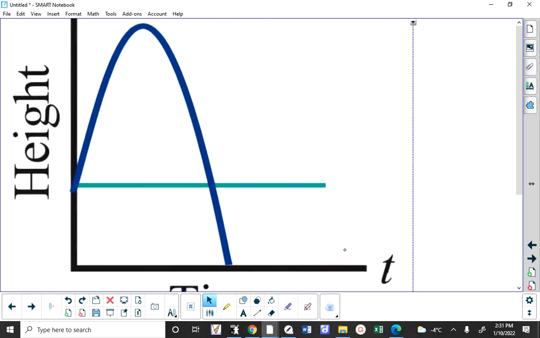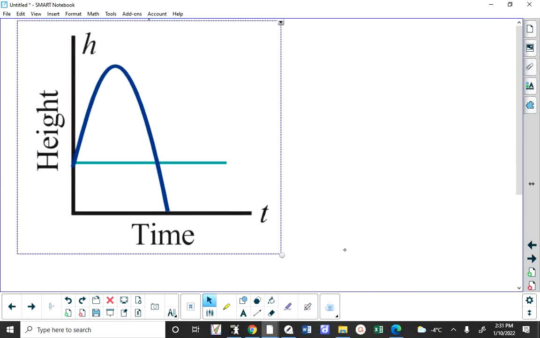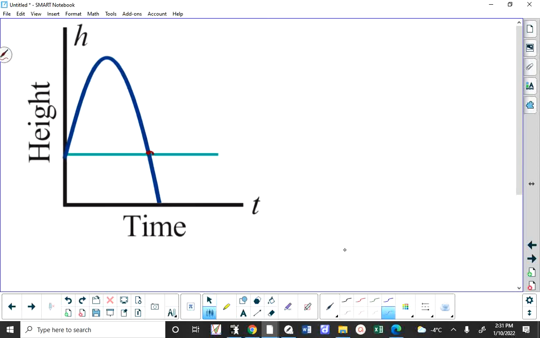So first question is, what does the point of intersection of those two graphs tell you? I mean, it's where they intersect. Oh, Seamus, you're just... When she returns back to the height of the diving board.